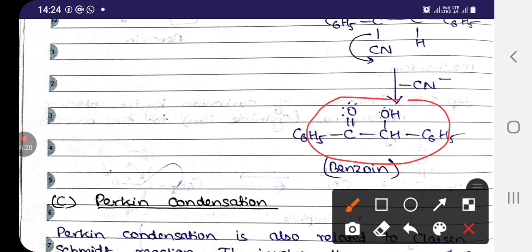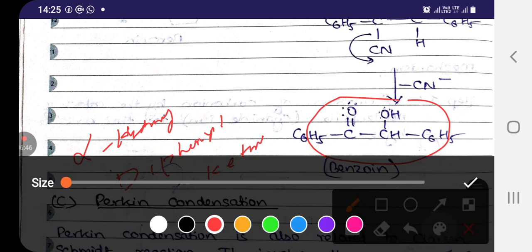So this is benzoin, and benzoin means alpha hydroxy diphenyl ketone. Hope you understand this.